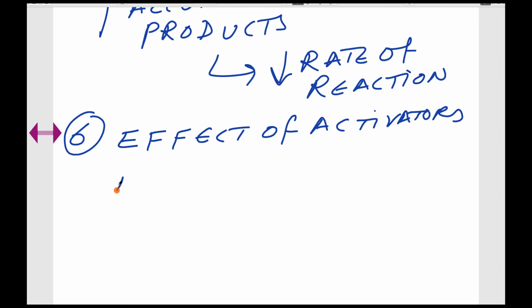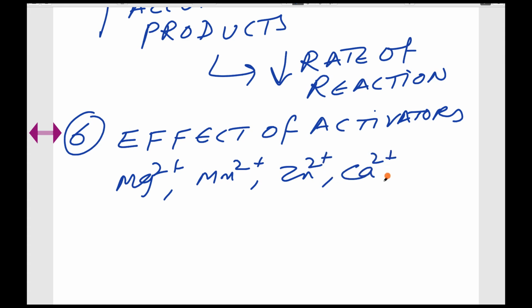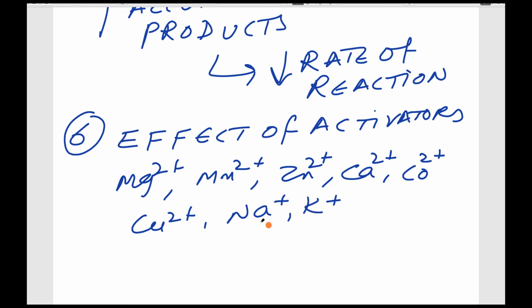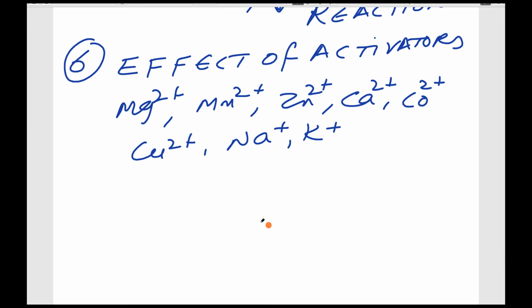Some examples: Mg2+, Mn2+, Zn2+, calcium 2+, cobalt, copper, then sodium and potassium. They are required for enzyme activity.